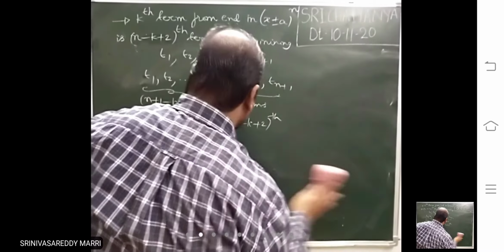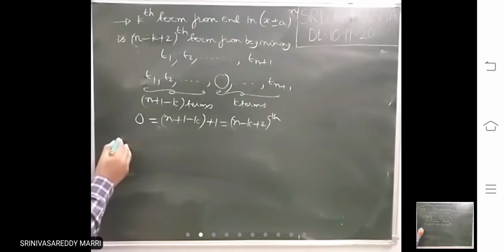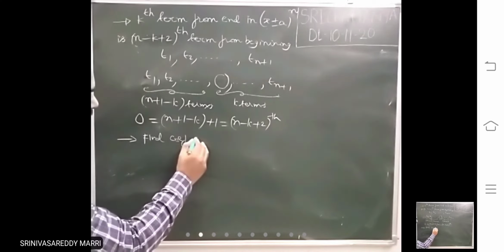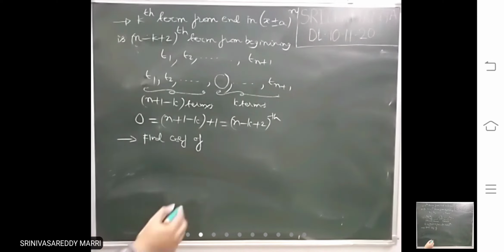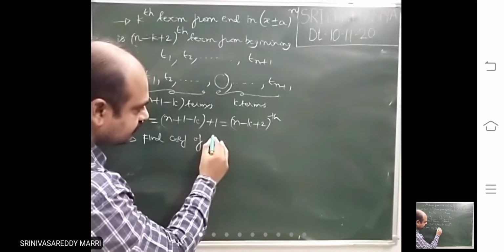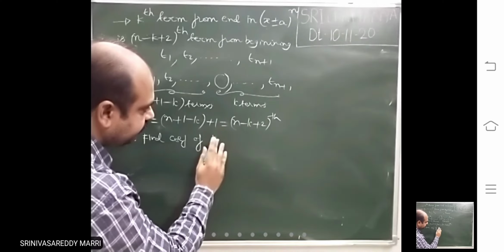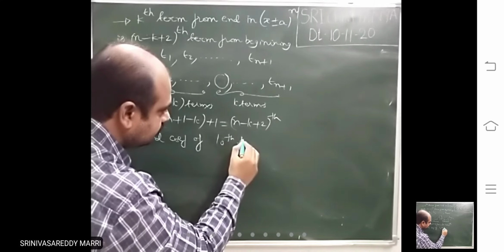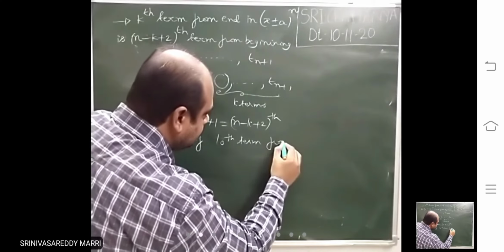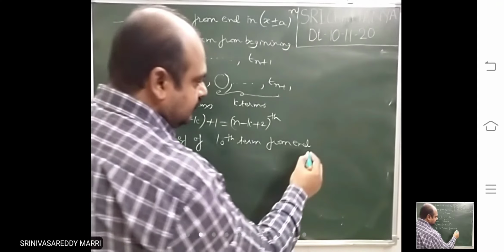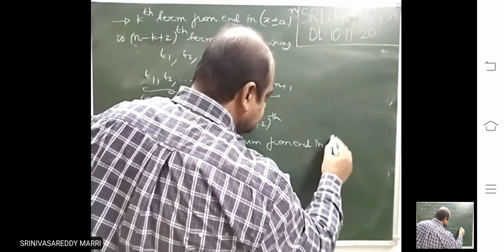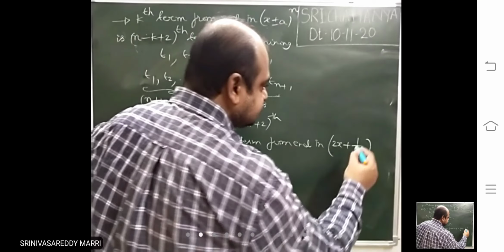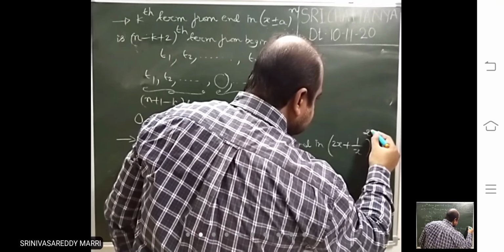Okay, look at one problem. Find the coefficient of the 10th term from the end in the expansion of 2x plus 1 by x whole power 23.